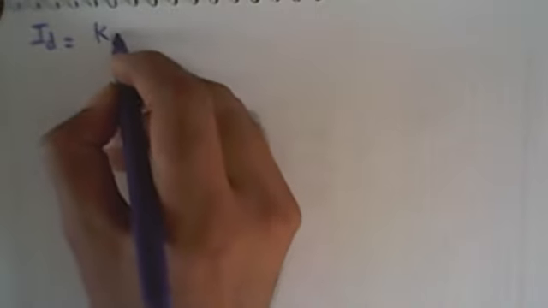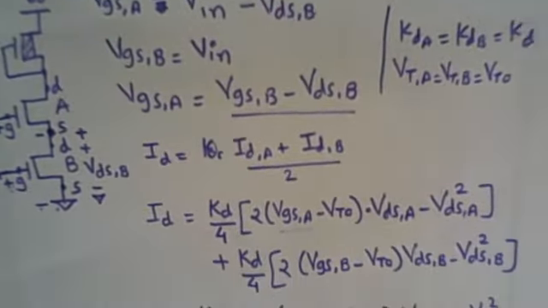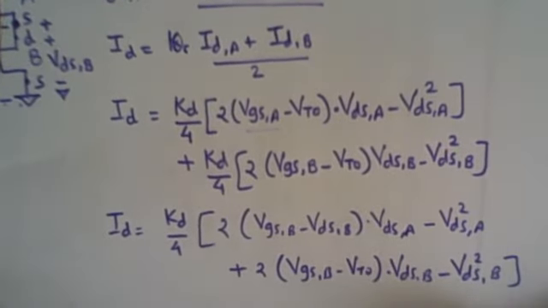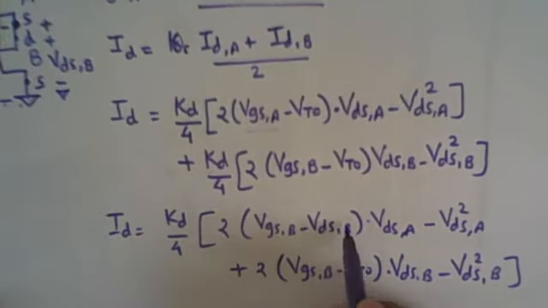So ID is equal to, minus VDS of B minus VTO, and here there will still be a minus VTO.